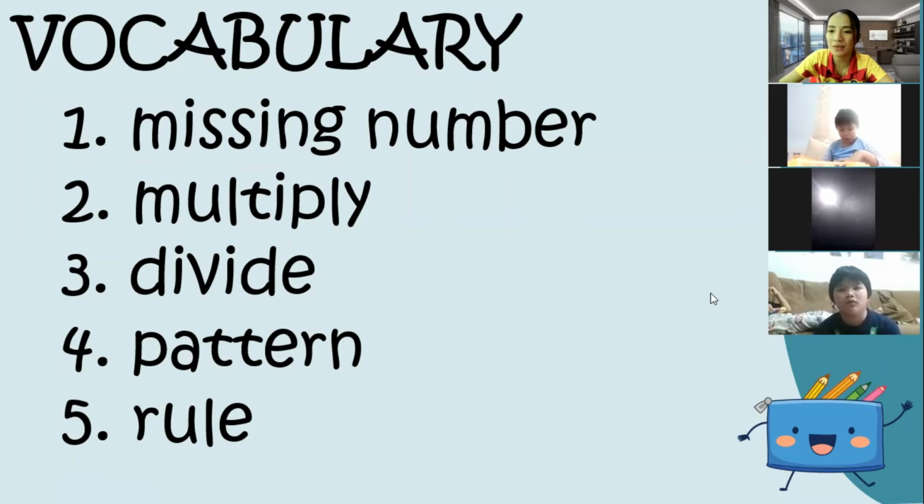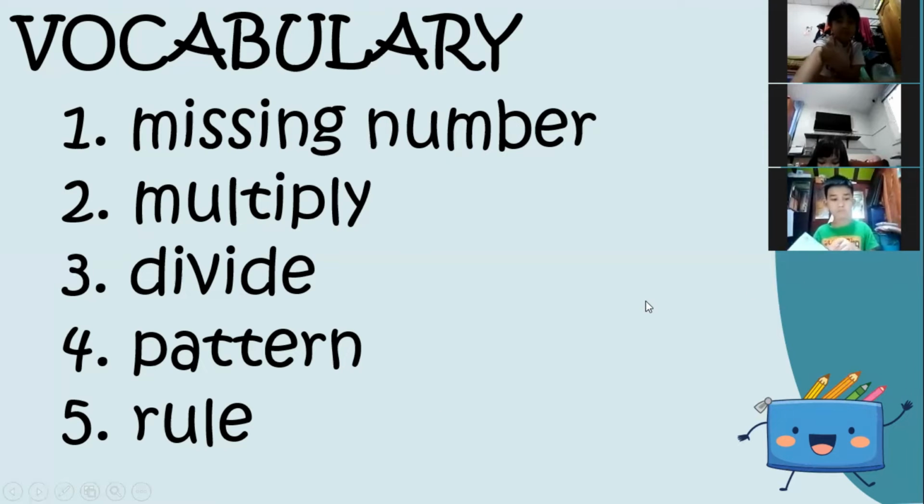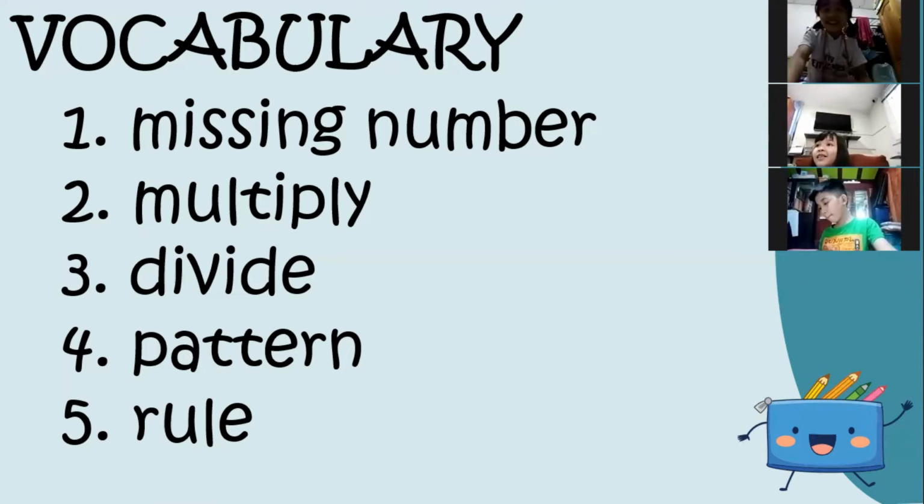Next, who wants to read? Number 1, missing number. Number 2, multiply. Number 3, divide. Number 4, pattern. Number 5, rule.